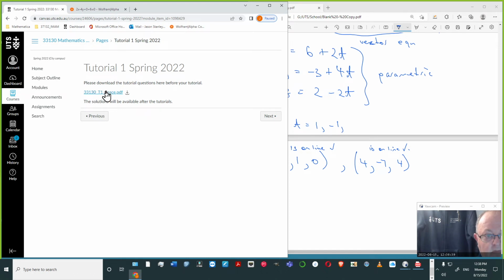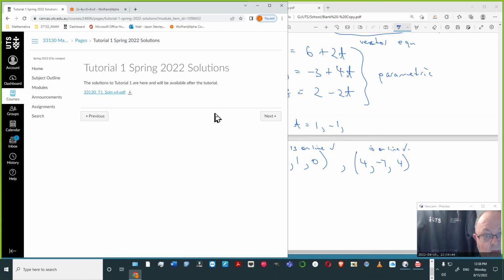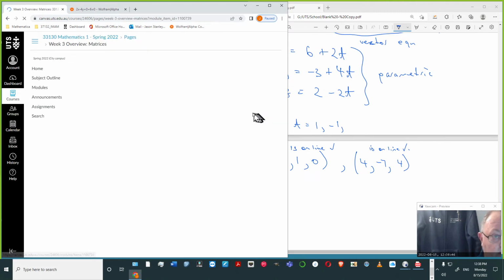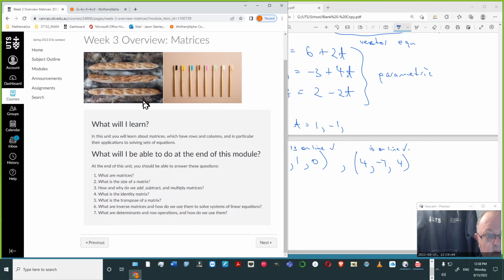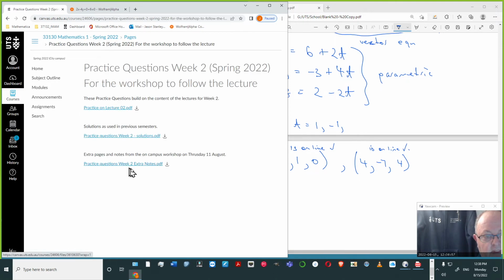And then you had your tutorial as well. Oh, you got your solutions for tutorial? Because I'm looking at this as matrices, so your beginning matrices. So what I want you to do is really you should have worked through your tutorial and any of these practice questions. All right, was there anything in any of that that you found you wanted an explanation, or are you happy with that?